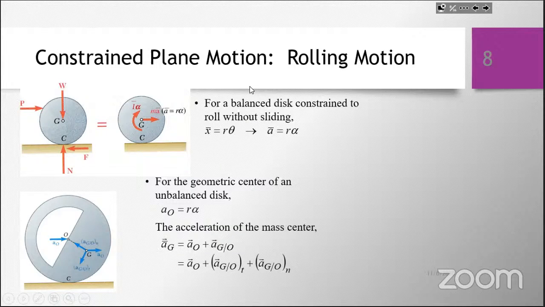What if I have an unbalanced disc, right? Something with a hole cut out of it. What would something like this be? Well, like a flywheel. A flywheel is an unbalanced disc. Typically they have a hole cut in the flywheel of varying sizes, maybe multiple holes. You know why we have holes in flywheels?